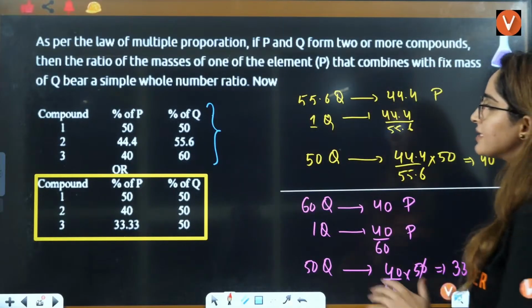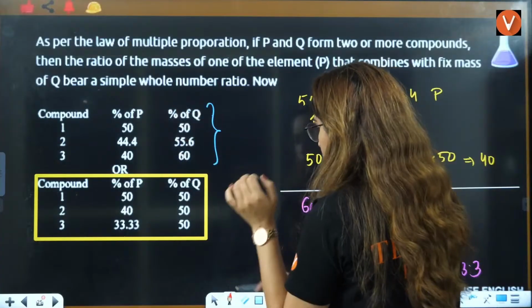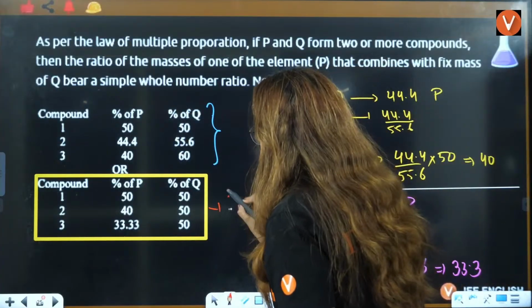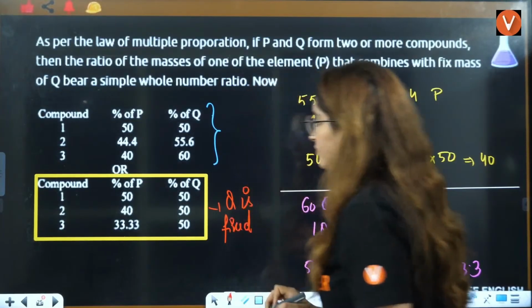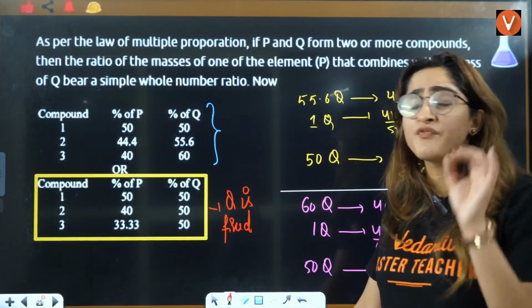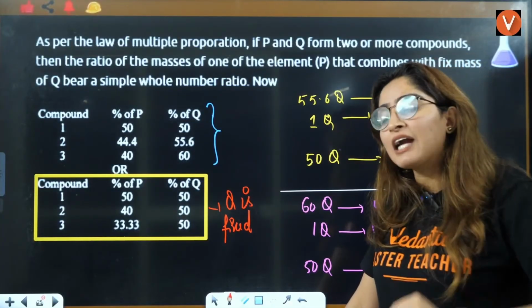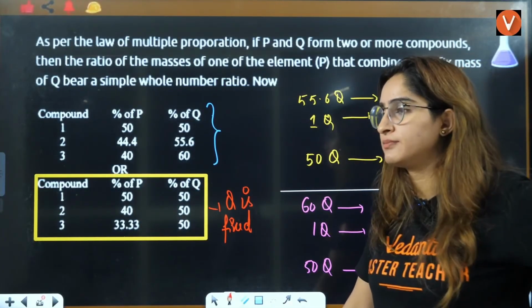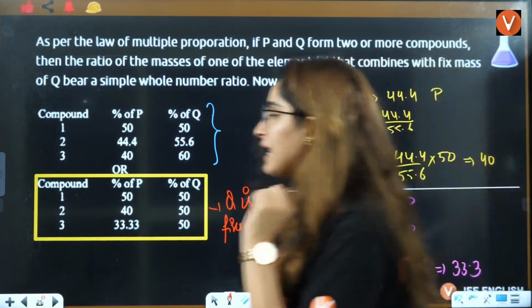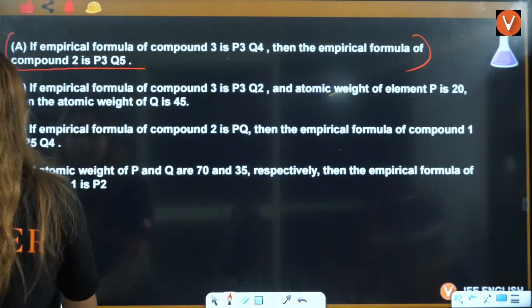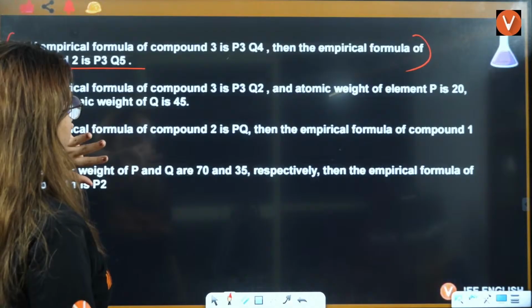What we are saying is that here, I am fixing the Q. Q is fixed. Because whenever I ask about multiple proportion, we have to fix one thing. Okay? Now I have fixed one thing. Now I'll again go to the statement and see: the empirical formula of compound 3 is P3Q4.